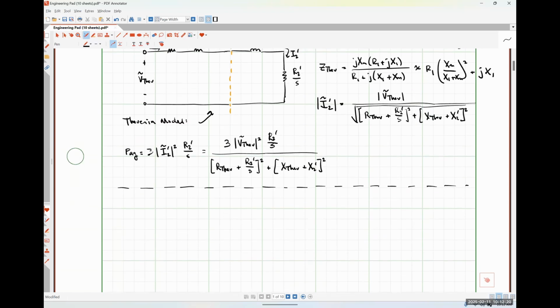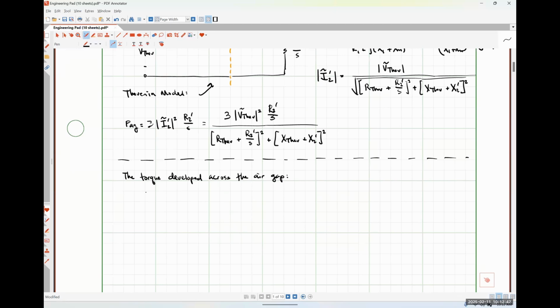So let's start with the torque developed across the air gap, okay?